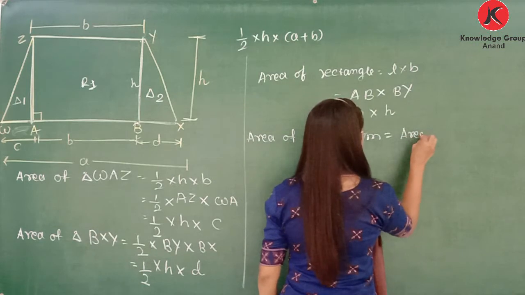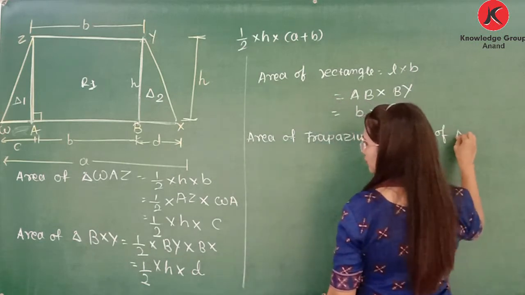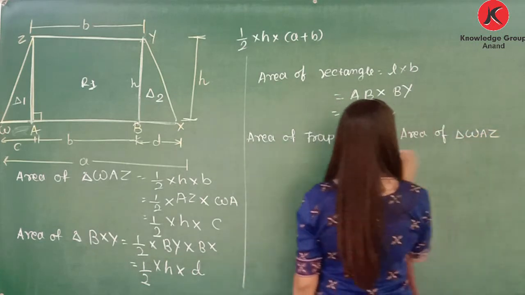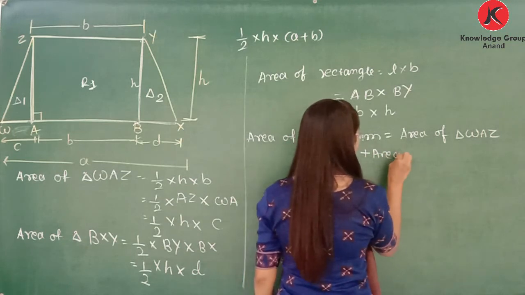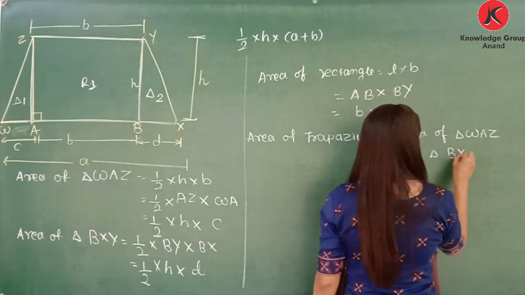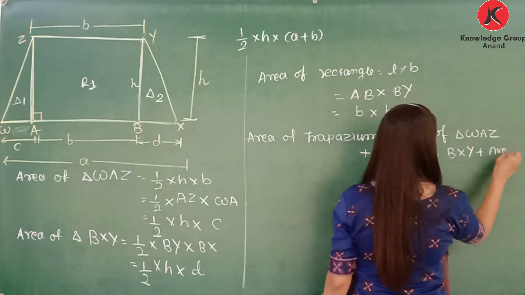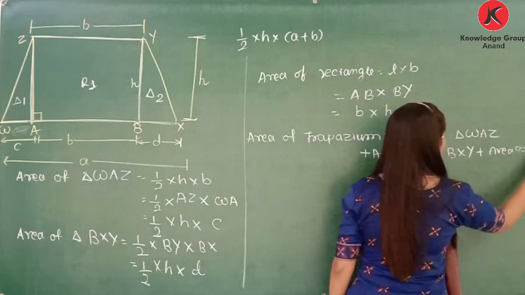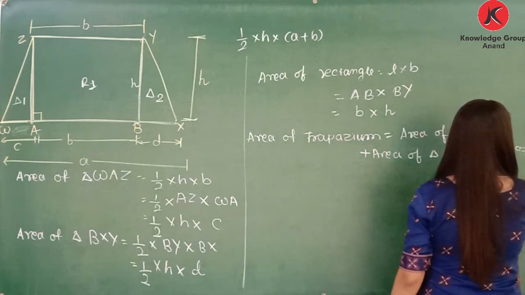So we can write the area of triangle WAZ plus the area of triangle BXY plus the area of the rectangle.